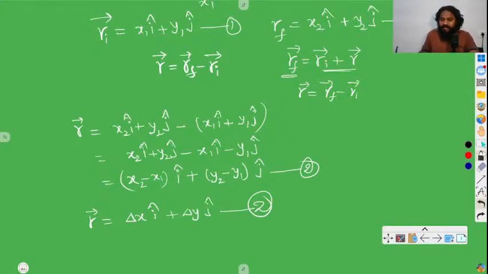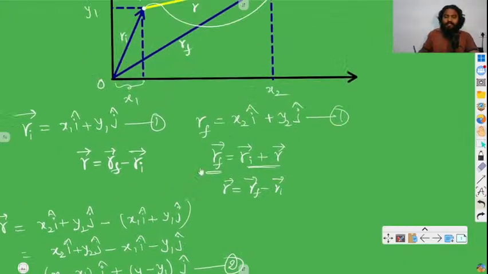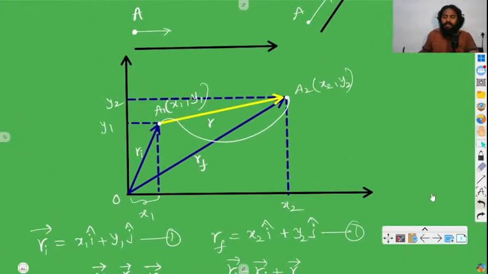Now let us see from the graph. If you observe the graph, from here to here this is delta X, and this is delta Y. So this is about the displacement of the particle.